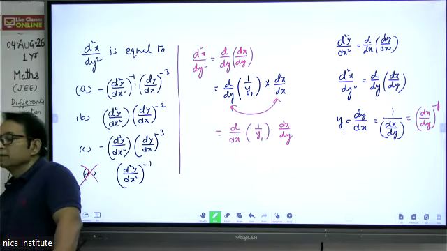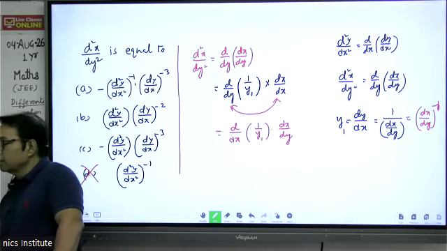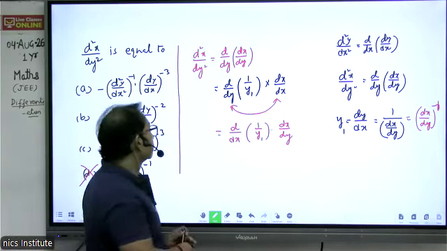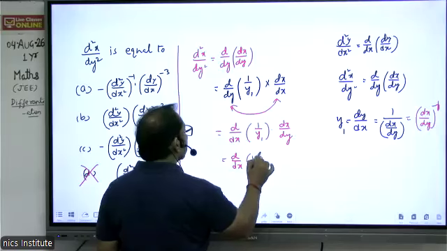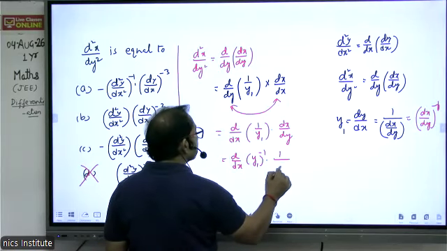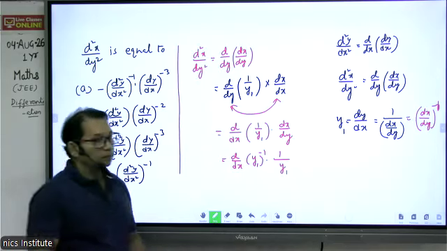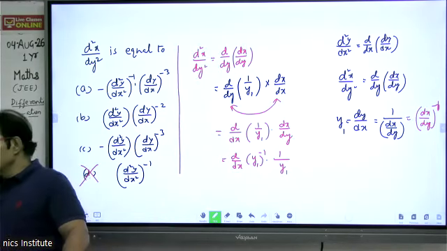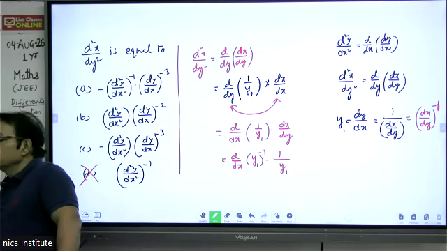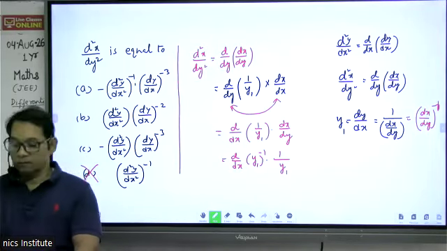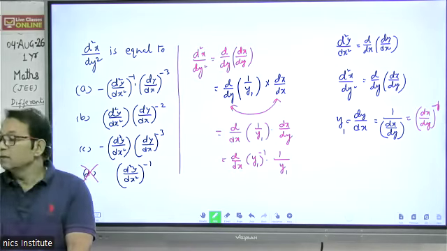Srishti, is it okay? Now what? This is d by dx of y1 to the power minus 1, and dx by dy is 1 over y1. See, is it fine?